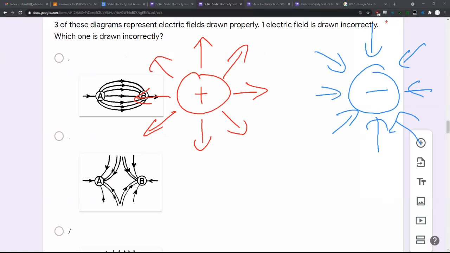Now, picture 1 represents an electric field. If you recall doing it, then A is positive and B is negative, because you have arrows pointing from one to the other. If your arrows are coming out from one object, which is A, it's positive, and going inwards, it's B. So B is negative, which makes sense. So choice 1 looks fine.